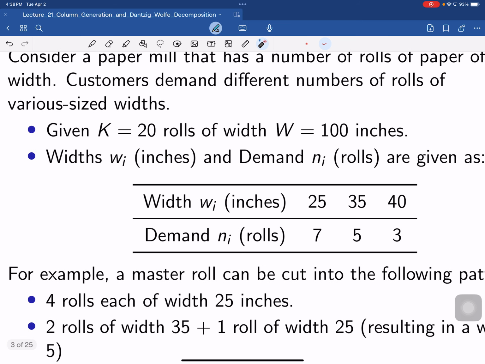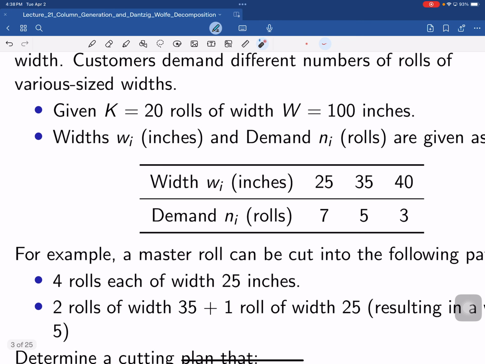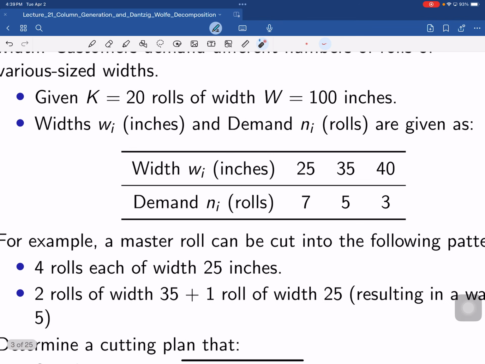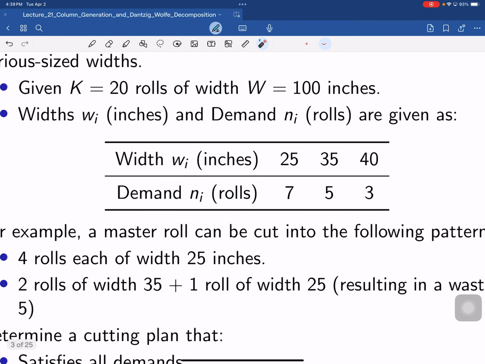And for each paper roll of 100 inches, there are different ways of cutting it. Right? For example, with 100 inches, you can get 4 rolls of 25 inches. Right? It can be divided by 25. And also, you may get 2 rolls of width 35 and 1 roll of width 25. Then as a result, you still have 5 inches you didn't use, right?